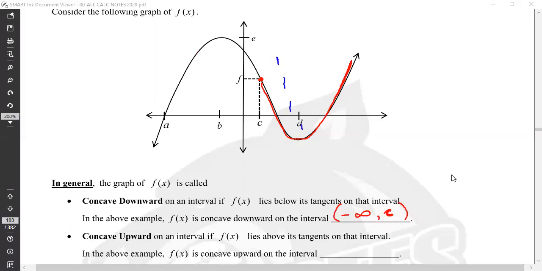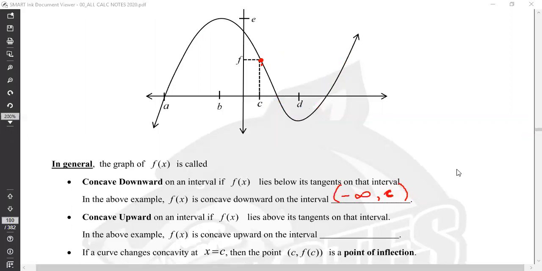So concave down, rain slides off it. Concave up, rain is going to be caught by this. I know it's not really rain, but it's a casual definition that really works. So this one is concave up on the interval from c to infinity. That's how we think of concavity.